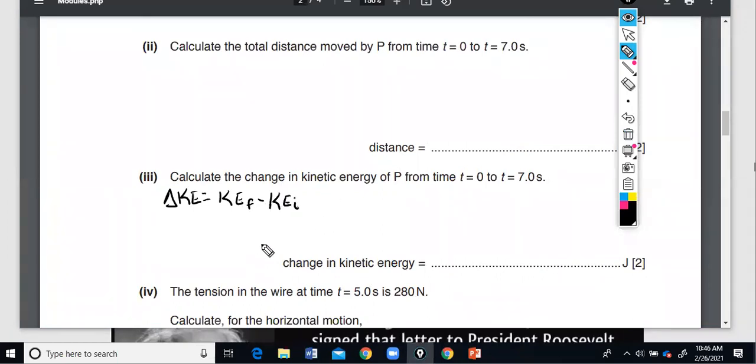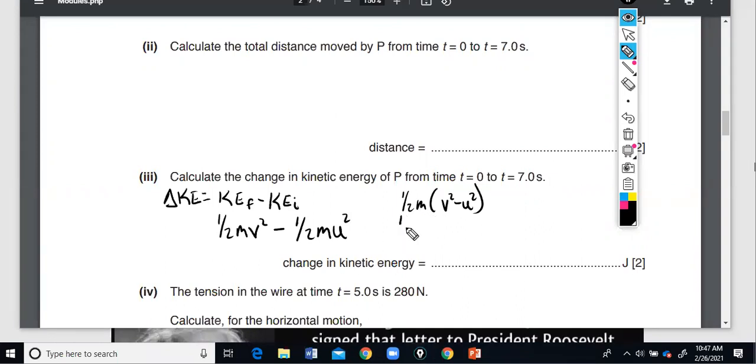The final kinetic energy is going to be 1/2 mass times the final velocity squared. The initial kinetic energy would have been 1/2 mass times the initial velocity squared. If we really wanted to, we could write it like this: 1/2 m (v squared minus u squared). That might make it a little bit easier to do the calculation.